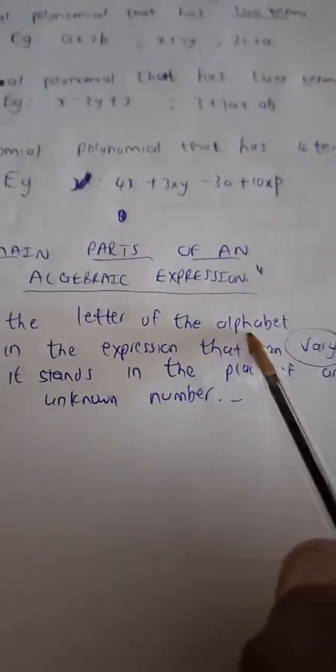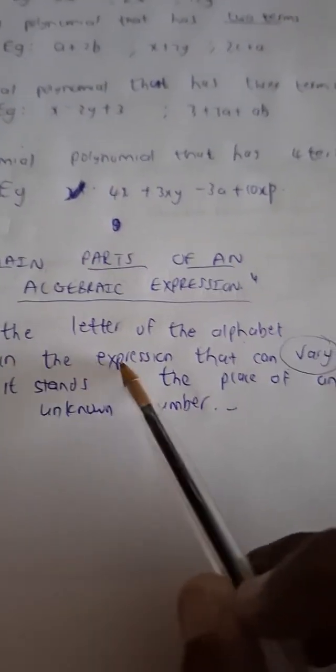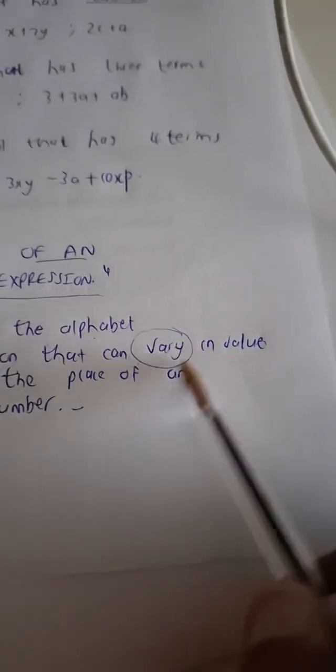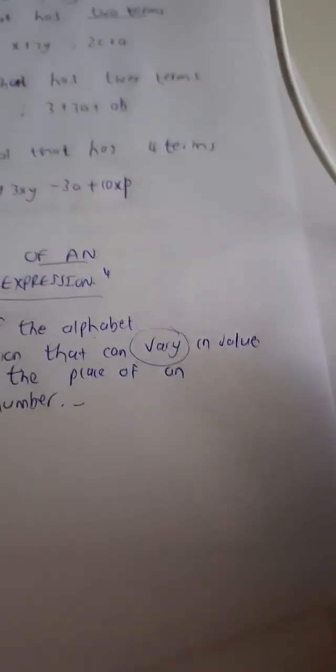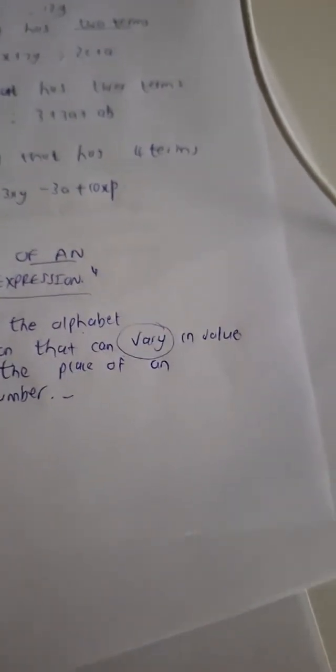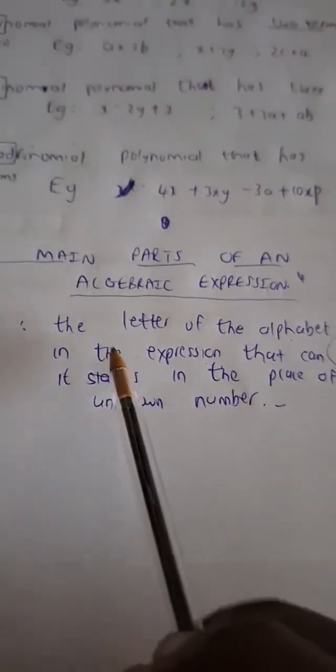It is a letter of the alphabet in the particular expression that can vary in value, meaning, in other words, it can be different values depending on the value that is attached to that variable. So maybe it can be 7, it could be 8, it could be 9. Okay, so that is what a variable is.